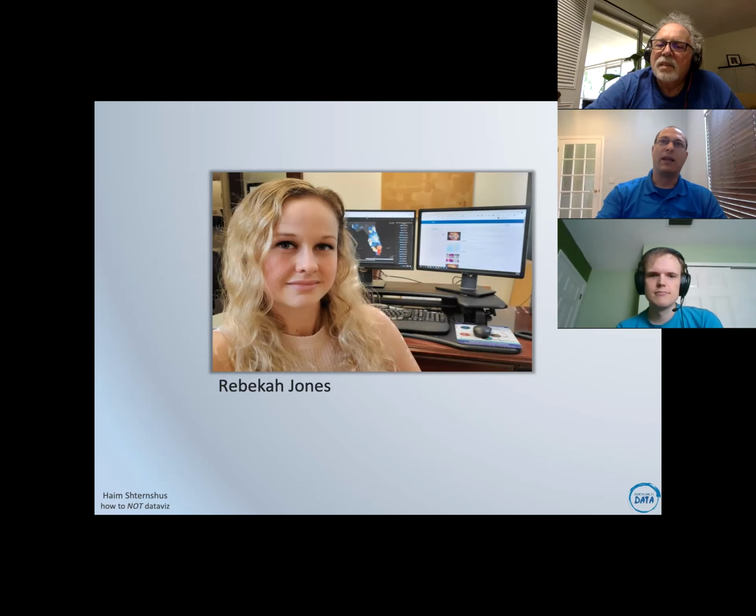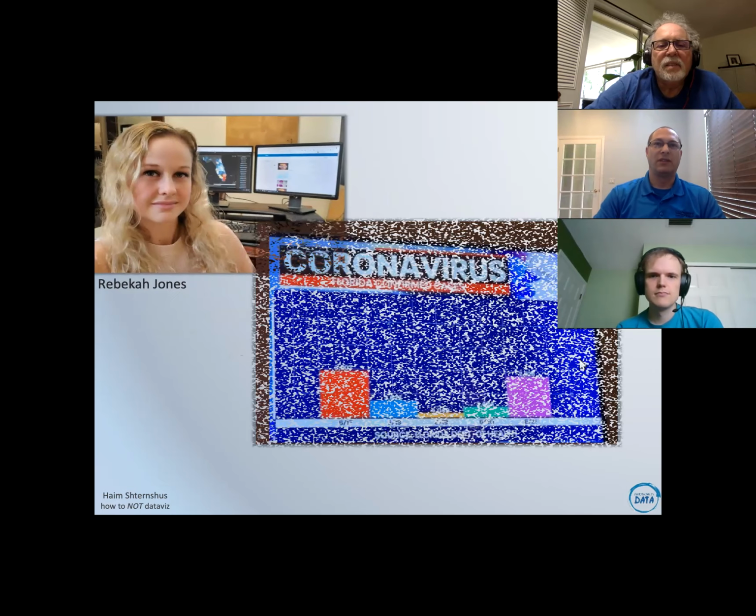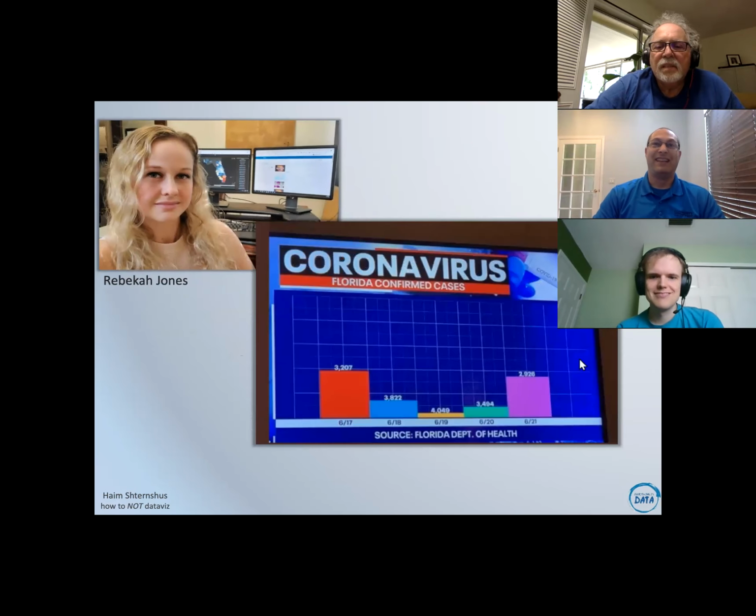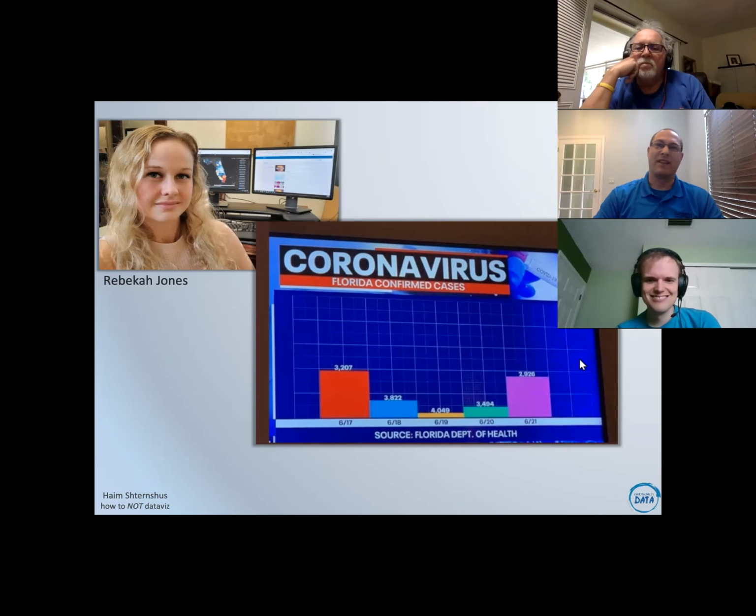Okay, well, a week after she was let go, the department came up with this graph, right? So this is what happens when you let go of your data analysts. And we have a graph here where I guess the negative space is what the numbers represent.